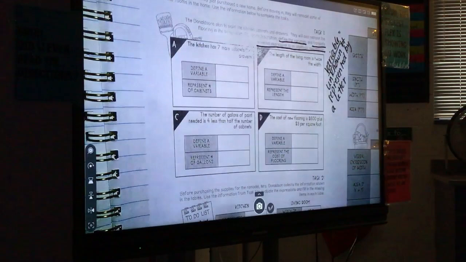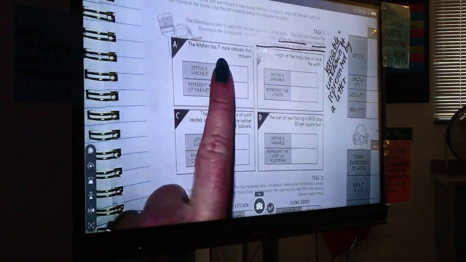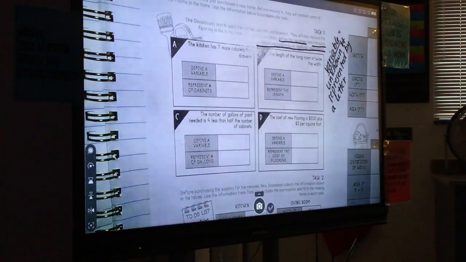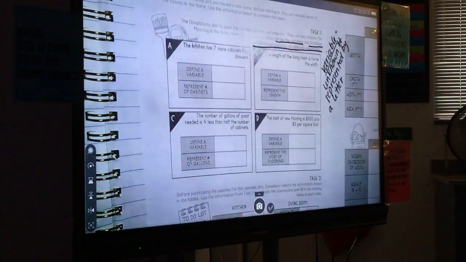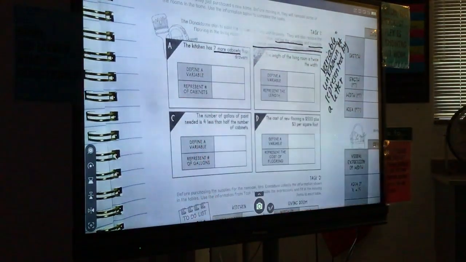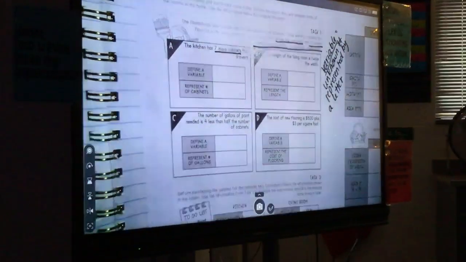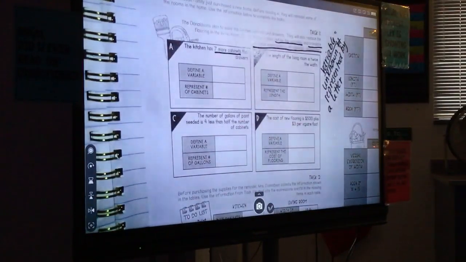All right, so looking at A, it says the kitchen has 7 more cabinets than drawers. So what's important in this information right here? Silas? 7 more cabinets. Okay, so we know that there are 7 more cabinets. So what operation does more go with? Is it going to be addition, subtraction, multiplication, or division? Alex? It's going to be addition.